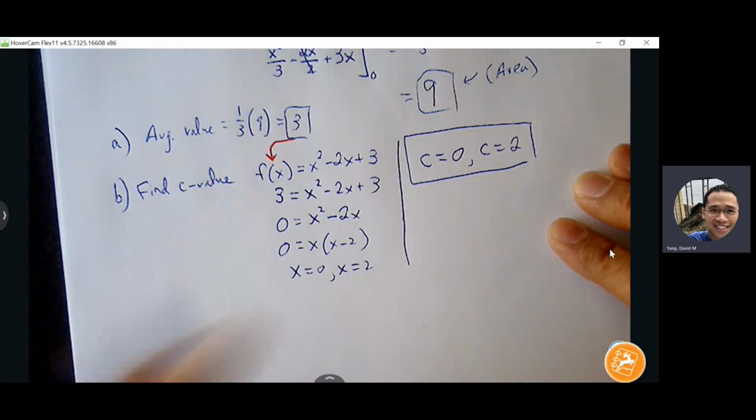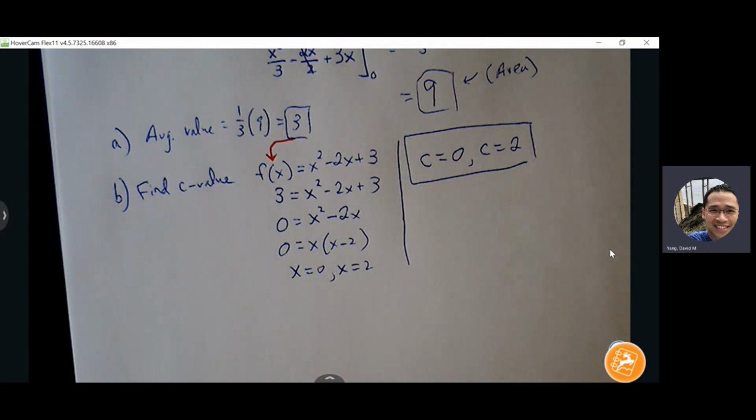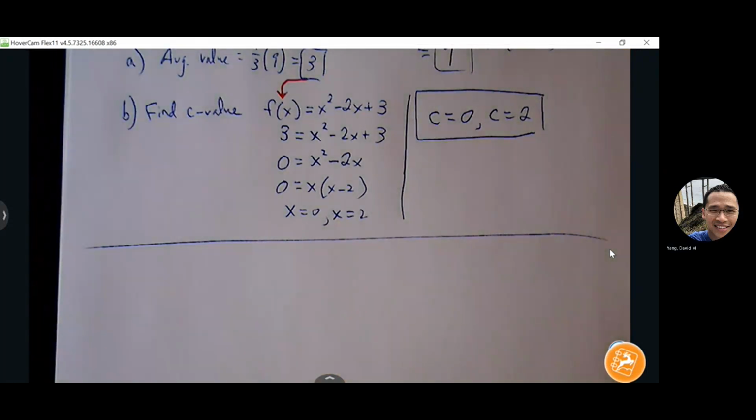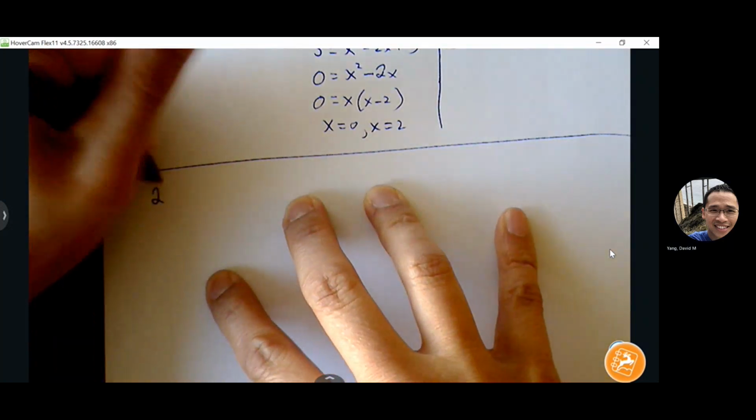For the derivative mean value theorem, we can't keep anything that lands at the endpoint, but for average value theorem we can. Okay, number 2. Again, average value theorem.